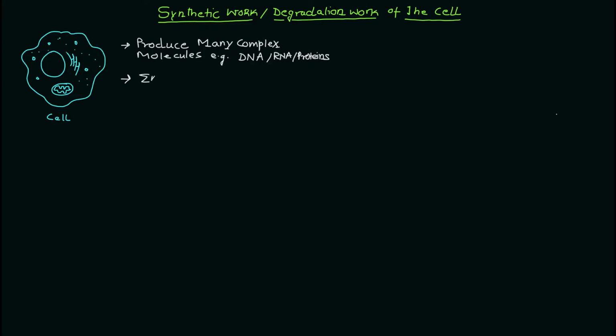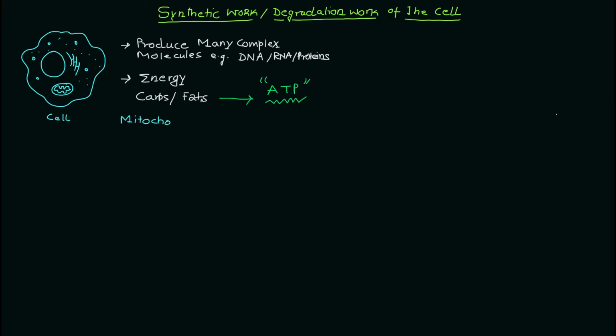And the cell requires energy to do that, and energy comes from substrates such as carbohydrates and fats. When they get degraded, you get ATP.